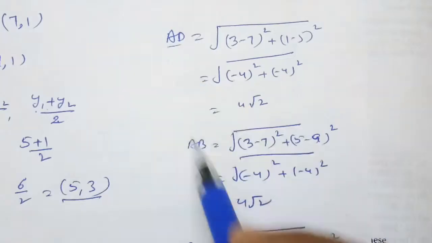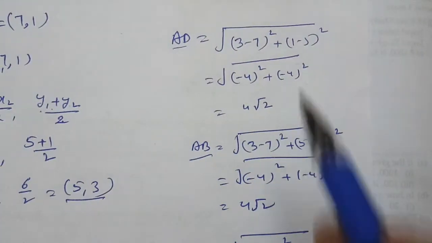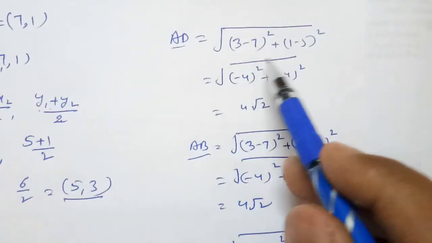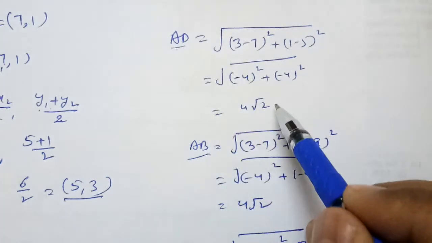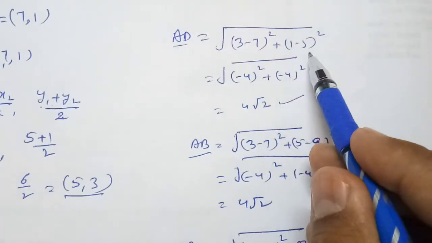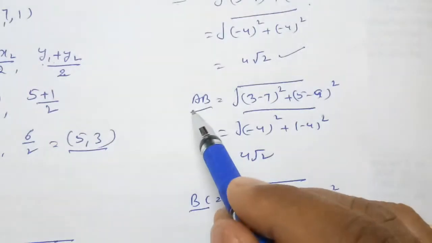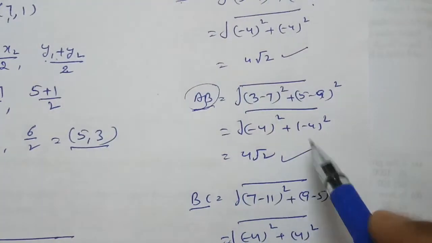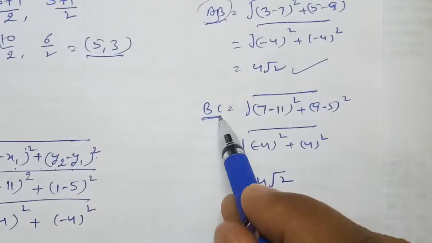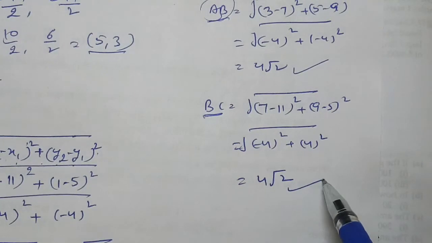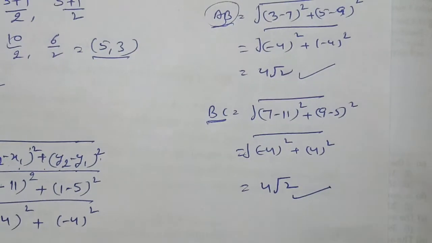Now we will calculate AD, AB and BC. Using the distance formula, AD is again 4 root 2. AB by the distance formula is 4 root 2, and BC by the distance formula is again 4 root 2. So all the sides are equal here.